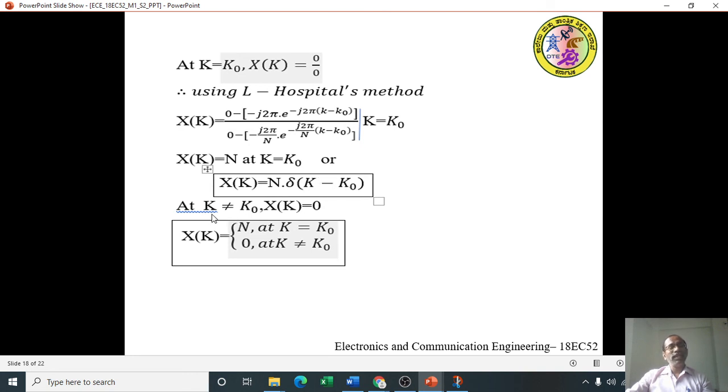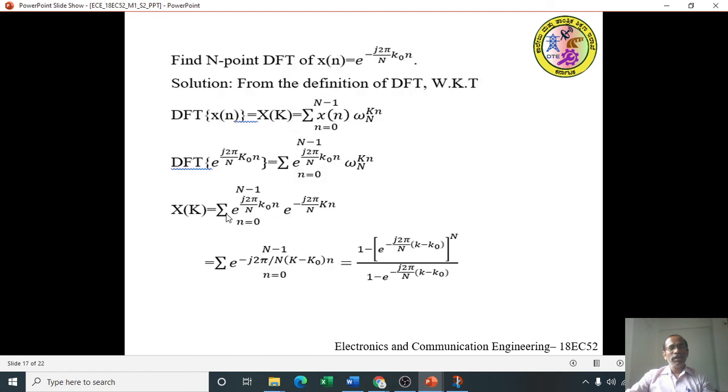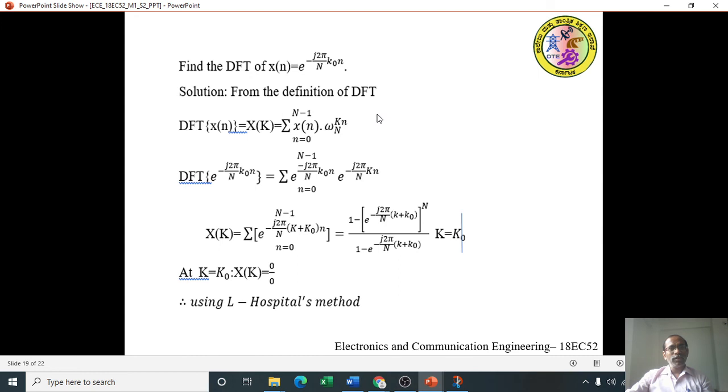Next, for k not equal to k naught, when you evaluate this formula, for any integer number, your numerator itself becomes 0. When the numerator becomes 0, 0 by something is 0, so the complete answer is 0. And in this problem, it is e power plus. Please make a correction, this is e power plus, because I have tried this once again for e power minus.